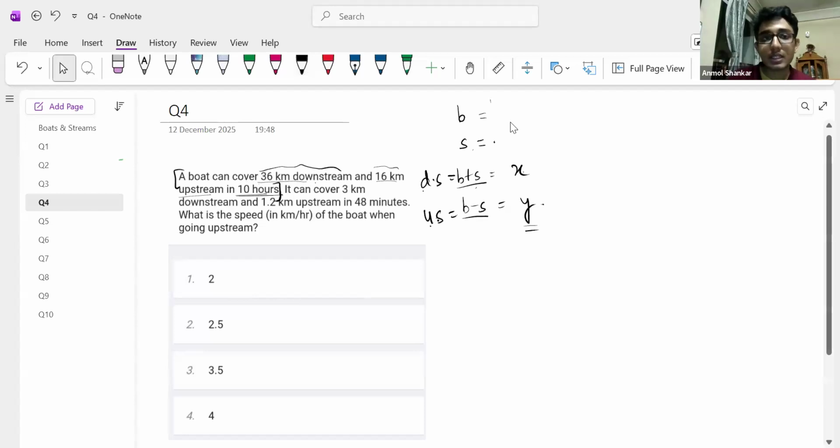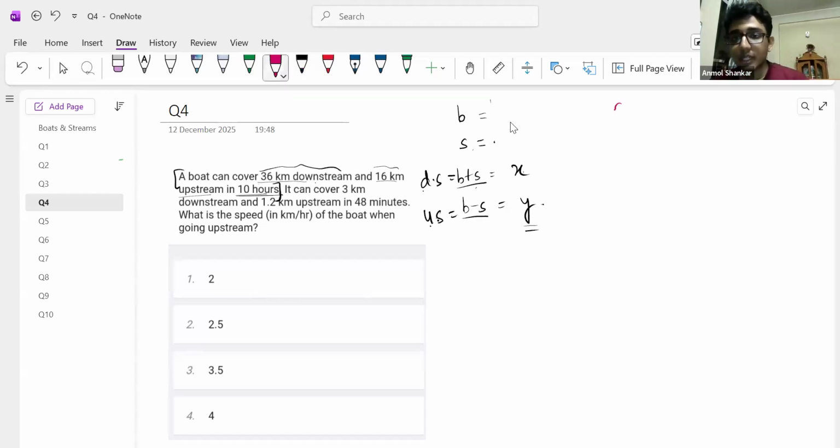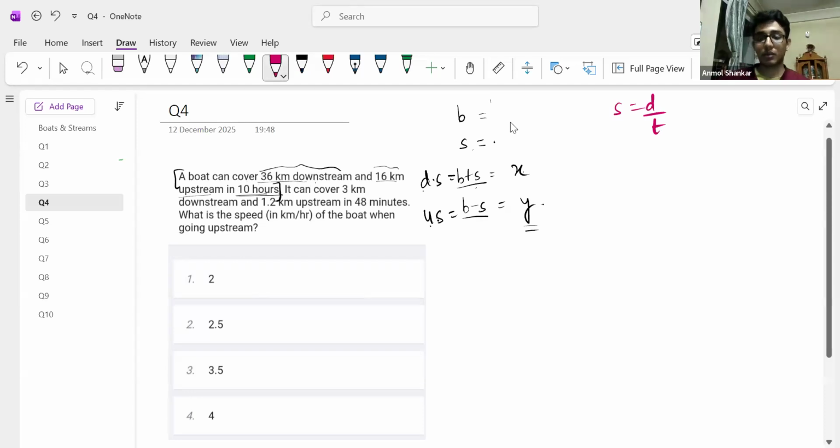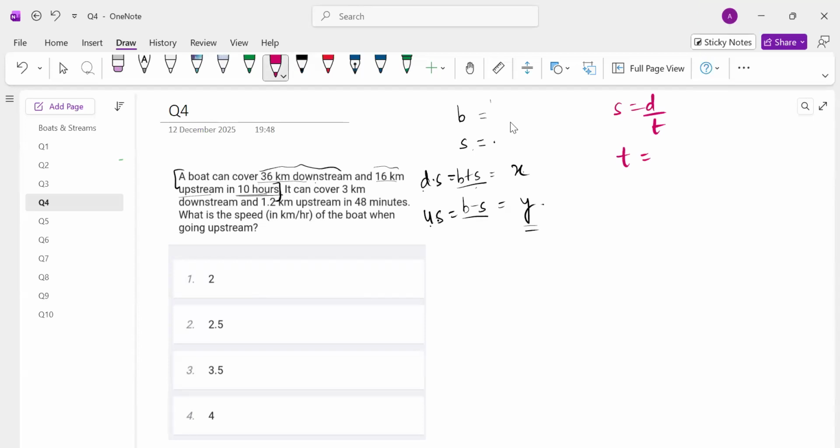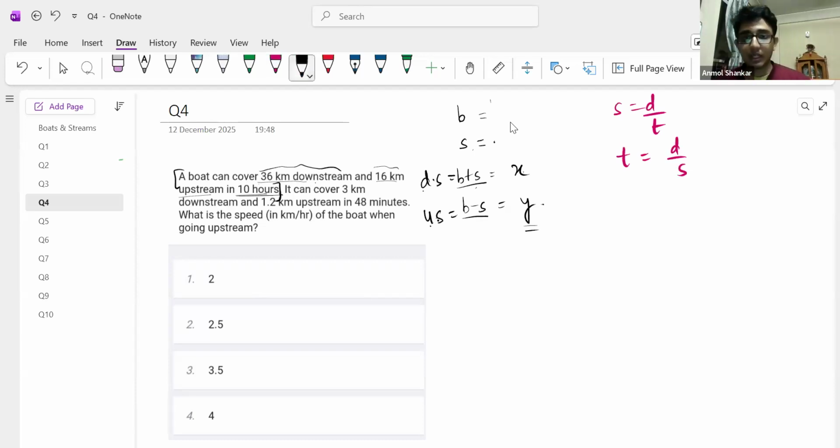Right? So speed is equal to distance by time. What will be our equation here? Time is equal to distance by speed. So we will write our equation for the first statement.